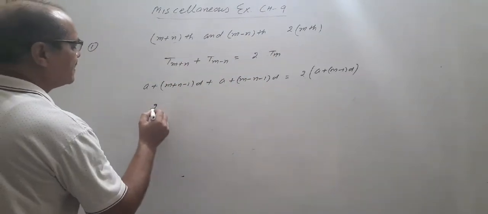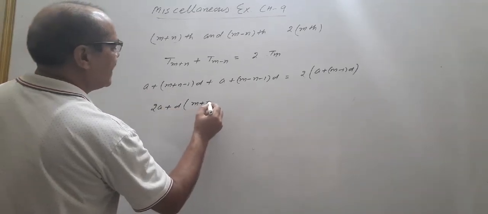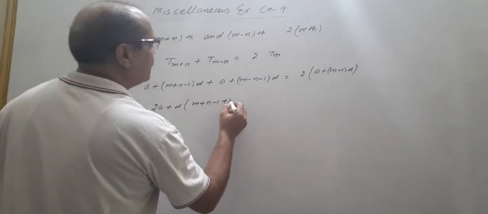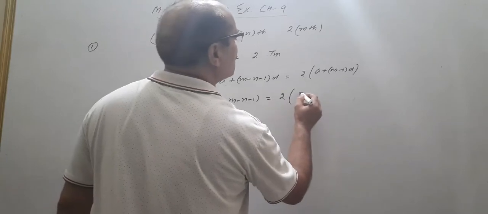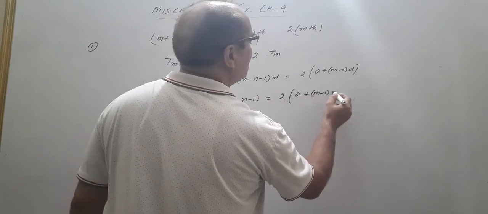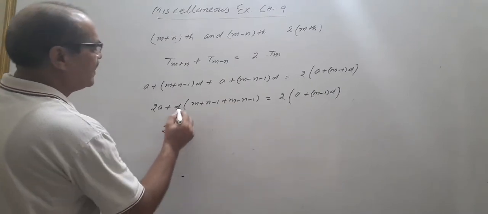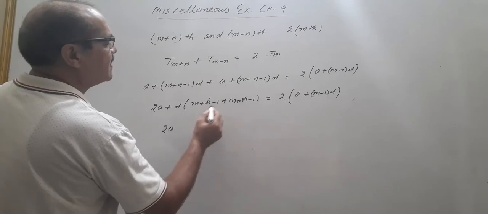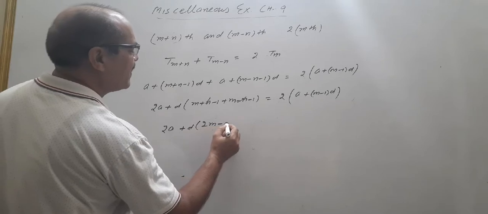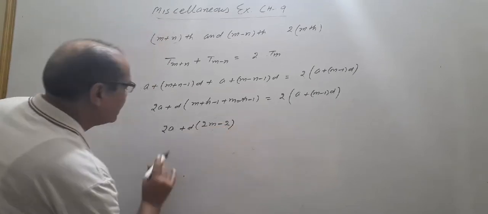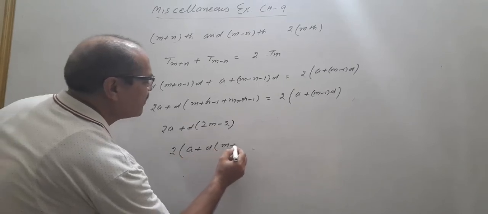Now solving this side becomes 2a, d taken outside common, that is m plus n minus 1 plus m minus n minus 1. The result will be twice of a plus m minus 1 of d. ये आपको रिजल्ट चाहिए. तो देखें यहाँ पर 2a है, n to n cancel, this becomes d times of 2m minus 2, or by taking 2 outside, this becomes a plus d times of m minus 1 of d.